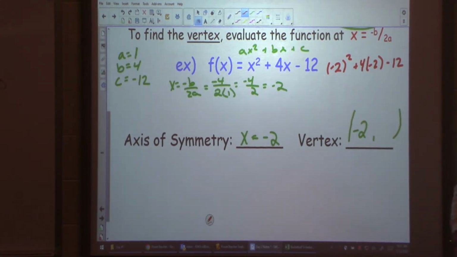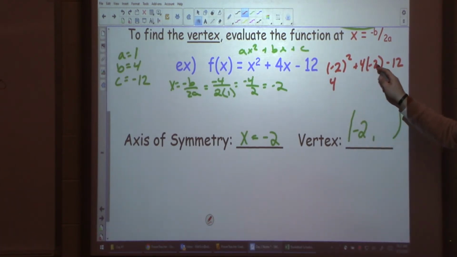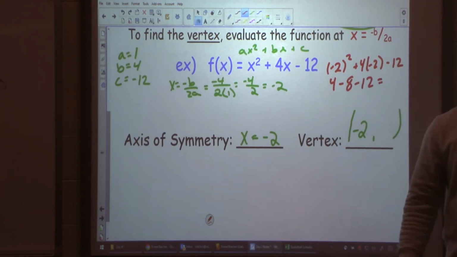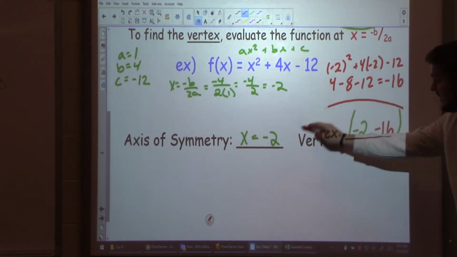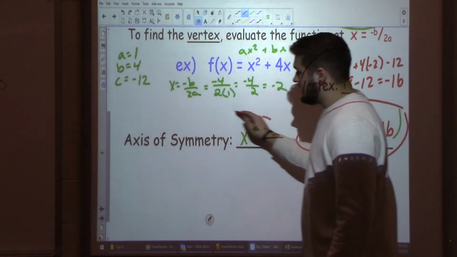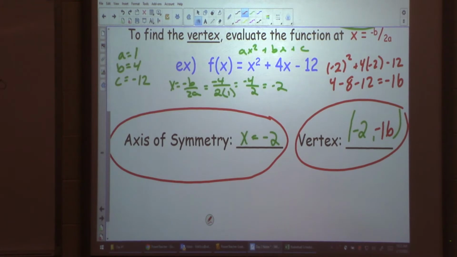Negative 2 squared is 4. 4 times negative 2 is negative 8. And minus 12 stays. Well, 4 minus 8 is negative 4. Minus 12 is negative 16. So my y value is negative 16. Now I found my vertex and I found my axis of symmetry. That's how we do that in standard form.